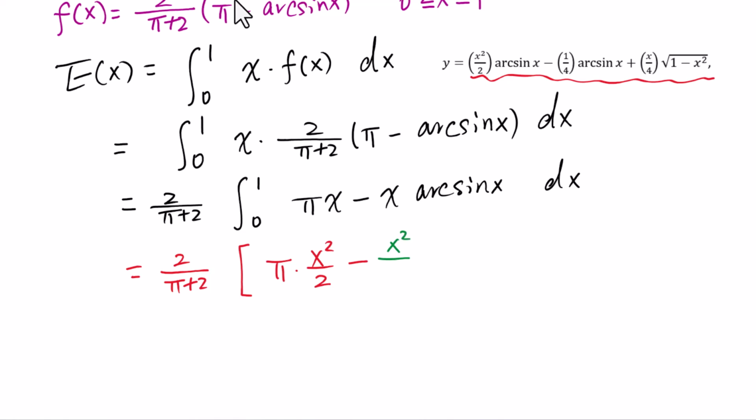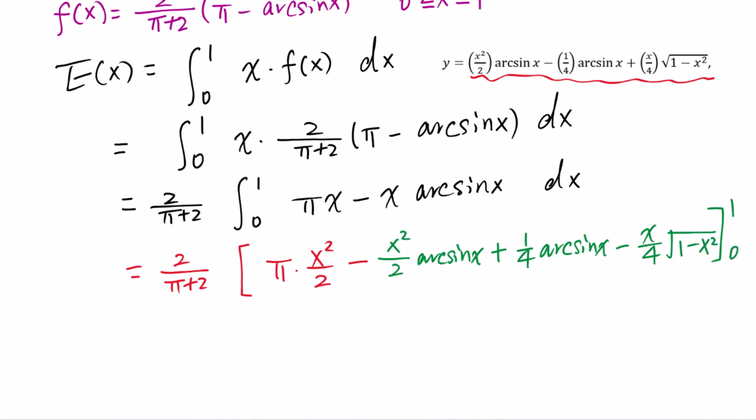So x squared over 2 arc sin x plus 1 over 4 arc sin x minus x over 4 square root of 1 minus x squared, evaluated from 0 to 1, equals 2 over (pi plus 2).